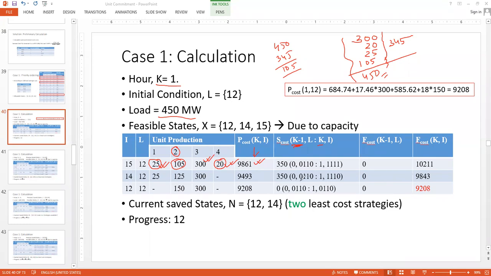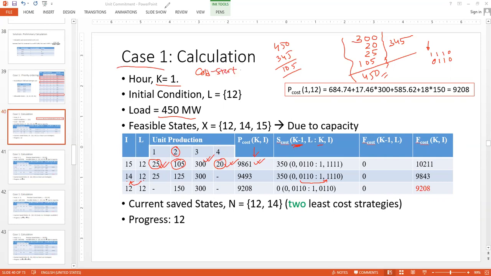From 12 to 14, what is the change? 12 is 0, 1, 1, 0, and 14 is 1, 1, 1, 0. So if I choose to have this transition from hour 0 to hour 1, my first unit has to be turned on. So that means I have to start unit number 1. Remember, in case 1, we are only considering the cold start costs. So what is the cold start cost for unit number 1?